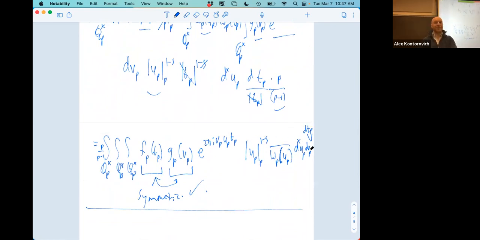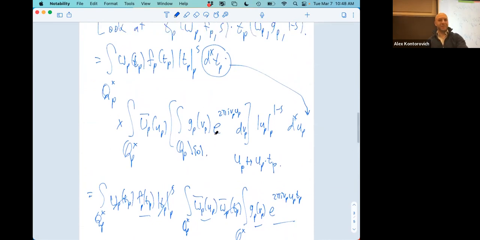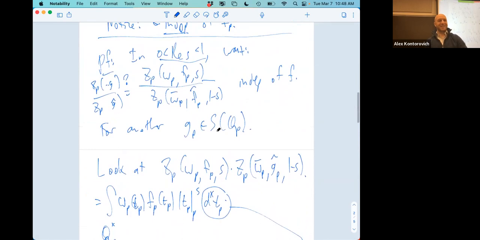And then we have a dt_p, dv_p. It's completely symmetric in f and g. You just get rid of the hat on the g. Yeah, we just wrote out what g hat was. It's surprisingly powerful, combining integrals and changing variables internally.